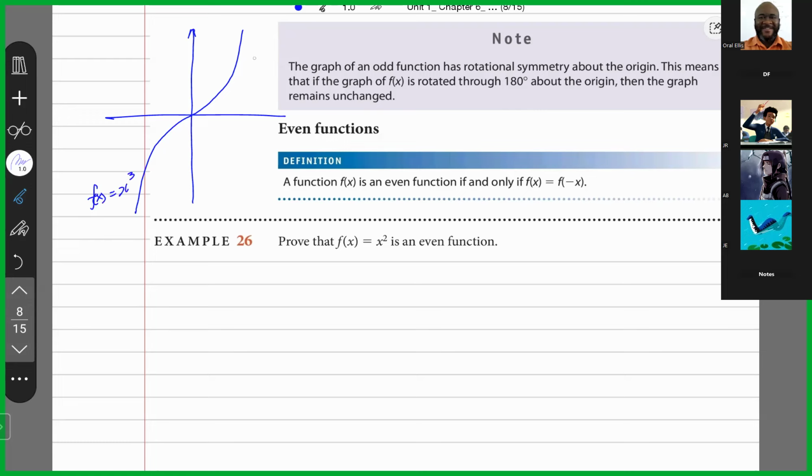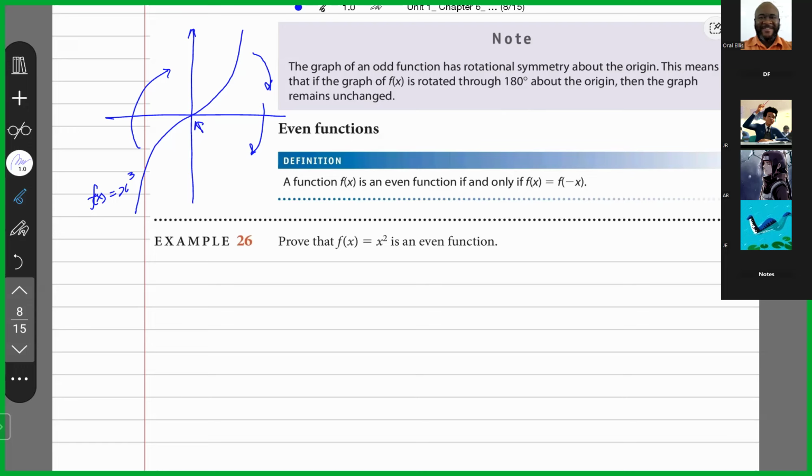Now, I'm sure you can imagine that if I rotate this 180 degrees about the origin, the bottom part is going to go up and become the top part, and the top part is going to come down and become the bottom part. So if I rotate it 180 degrees about the origin, which is the center of rotation, the object and the image would be the same.